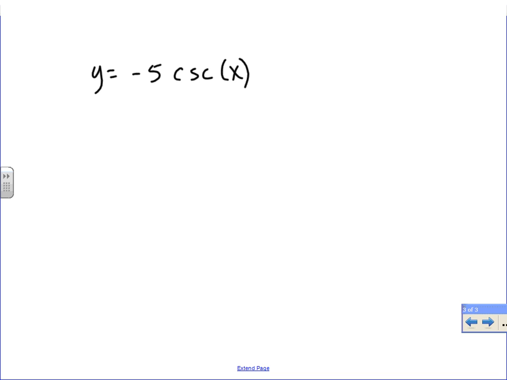Okay, now, so what I'm going to think about to graph -5 cosecant x is I'm going to think of the graph of y equals -5 sine x. And I'm going to graph that one. And so I'm going to dot that one in, and if I can do -5 sine x, then I can do -5 cosecant x.